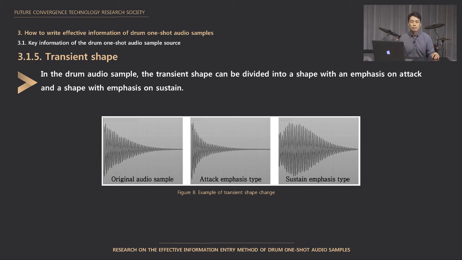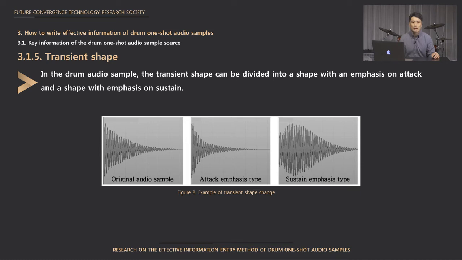And the form in which the sustain is emphasized amplifies the sustain level after the peak level, resulting in a rich sound. Figure 8 is an example of transforming the original bass drum audio sample on the left into an attack emphasis shape at the center and a sustain emphasis shape at the right.